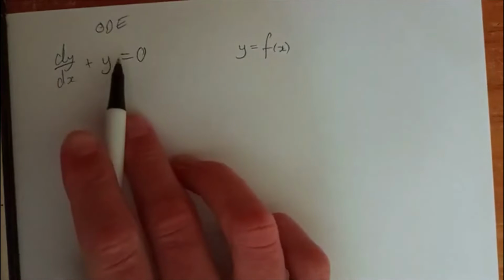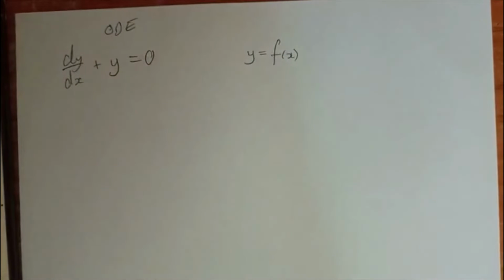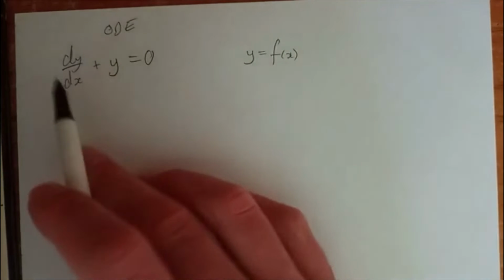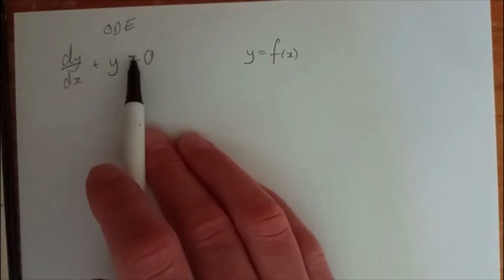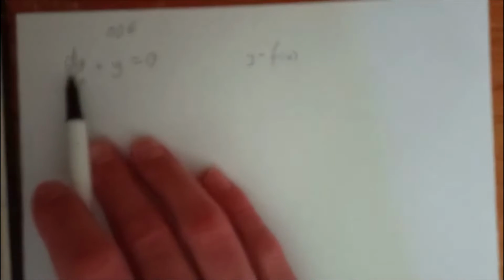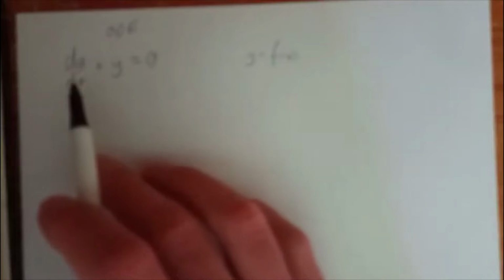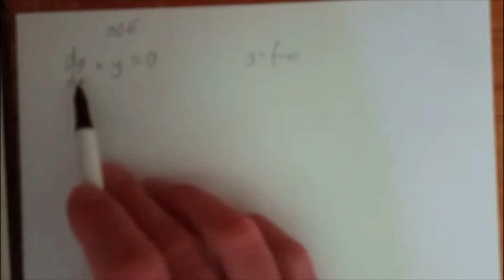This is an ordinary differential equation, and this is what I'm going to focus on in this course. This particular ordinary differential equation is a rather simple equation. It's a first order differential equation because the highest derivative of y that it contains is its first derivative.